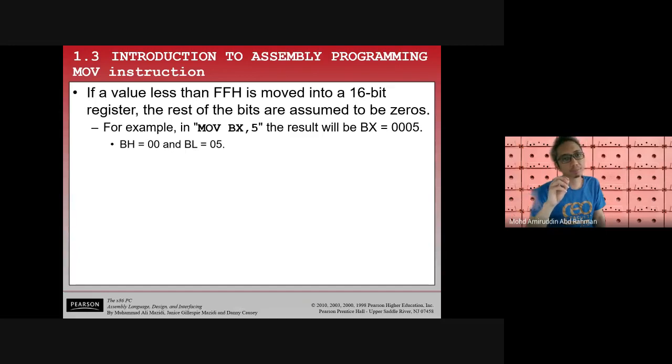For example, move BX, 5. The 5 is considered the least significant part. Because BX is a general purpose register, we have BH and BL. The content 5 is inserted into the lower byte, so BL equals 05 and BH equals 00.